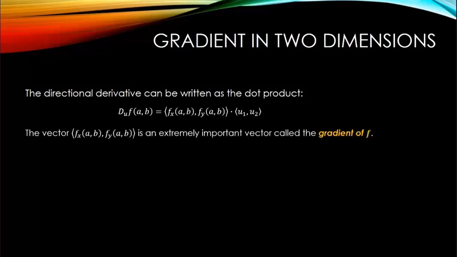The vector fx(a, b), fy(a, b) is an extremely important vector on its own, and we call it the gradient vector. It even has its own notation, which we're going to see in a minute.